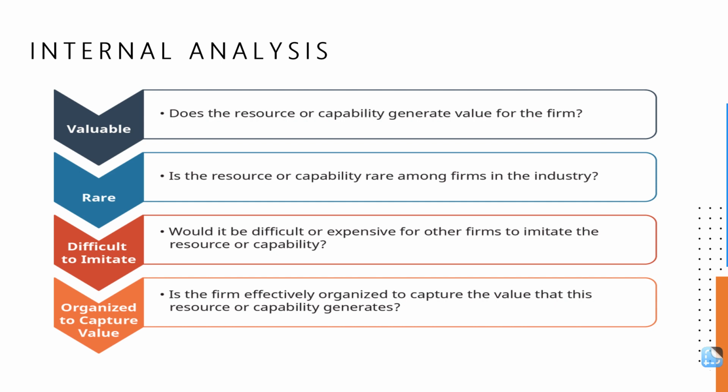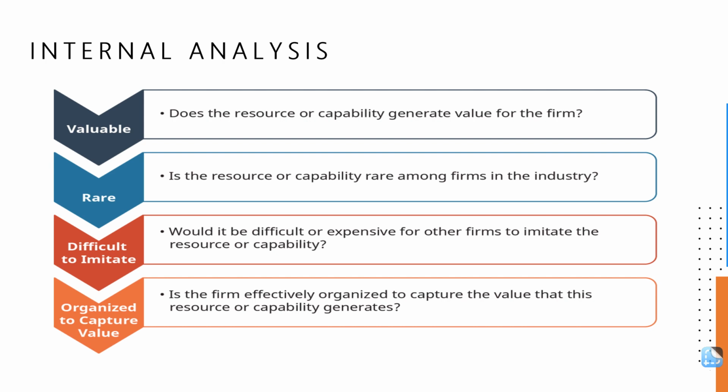Rare means, is the resource or capability rare among firms in the industry? Difficult to imitate, that is inimitability. Would it be difficult or expensive for other firms to imitate the resource or capability? Organized: is the firm effectively organized to capture the value that this resource or capability generates?